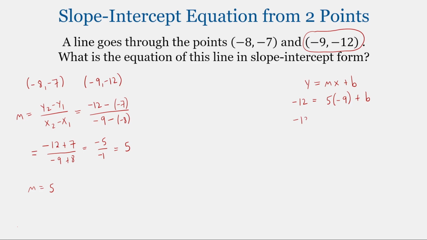So we have negative 12 equal to negative 45 plus b. Then we add 45 to both sides. We're going to end up with 33 equal to b. Again, we now know the slope and the y-intercept, so we can write this line. We have y equal to 5x plus 33.